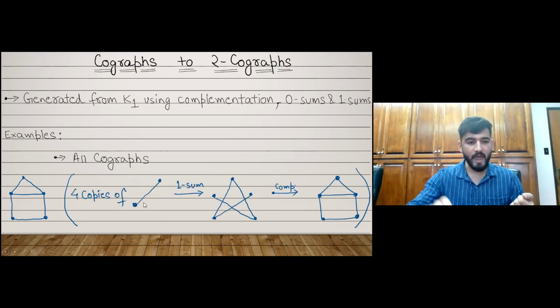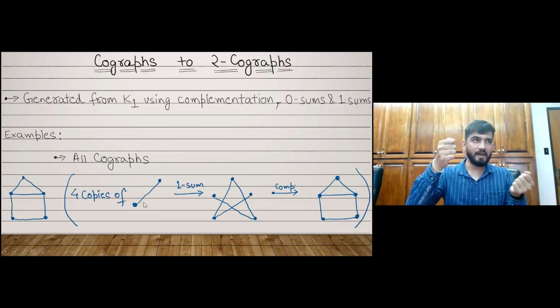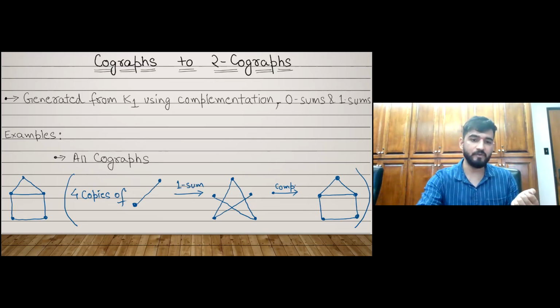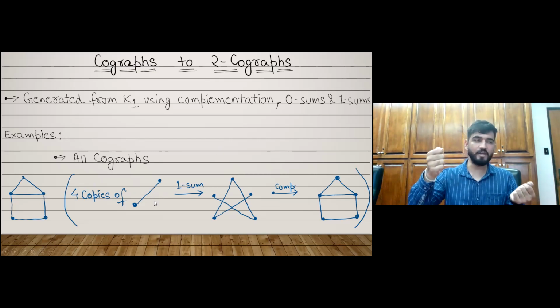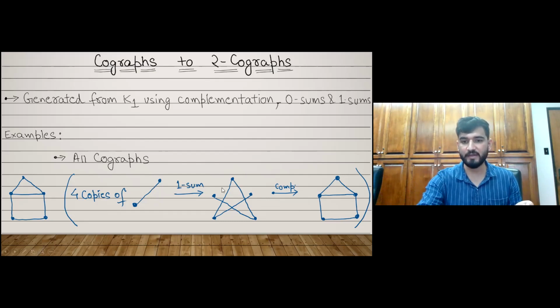So we know that K2, we can get that from the single vertex graph. And in fact, in the last slide, we actually showed that complete graphs are cographs. So this is a two-cograph. We take 4 such copies of K2, one sum them together, we get this, and then take the complement, we get this graph. So this is an example of a two-cograph.